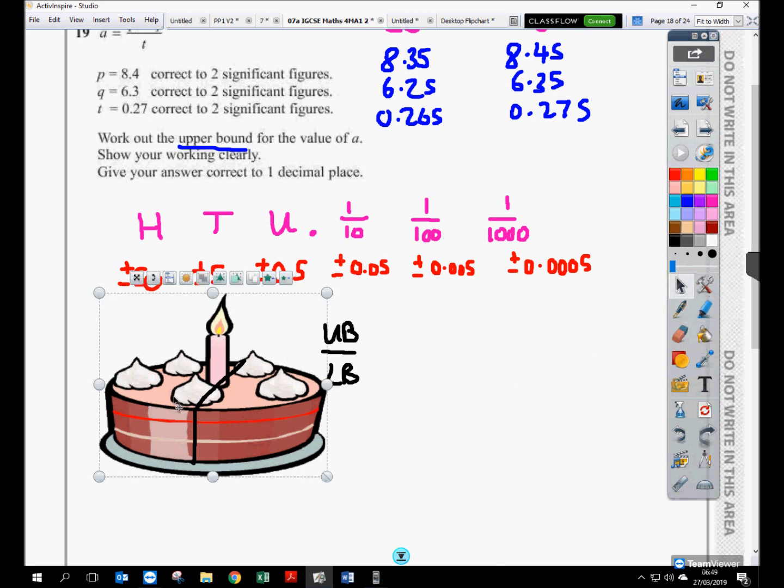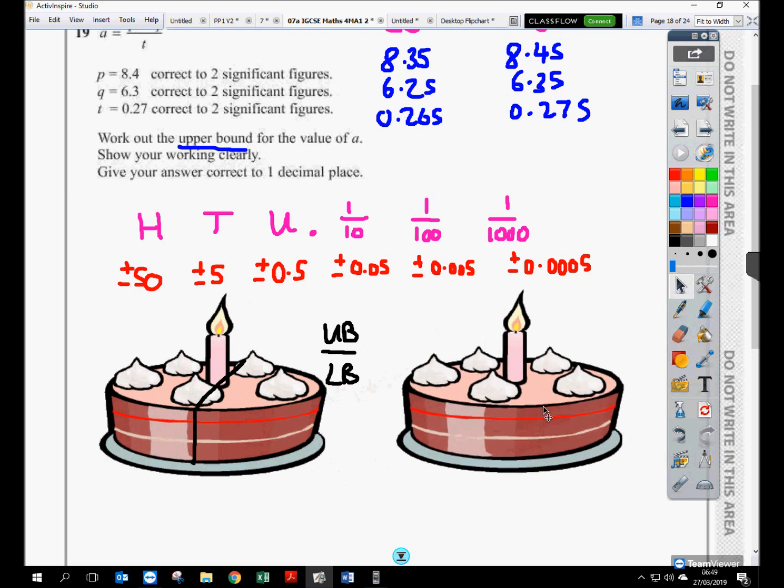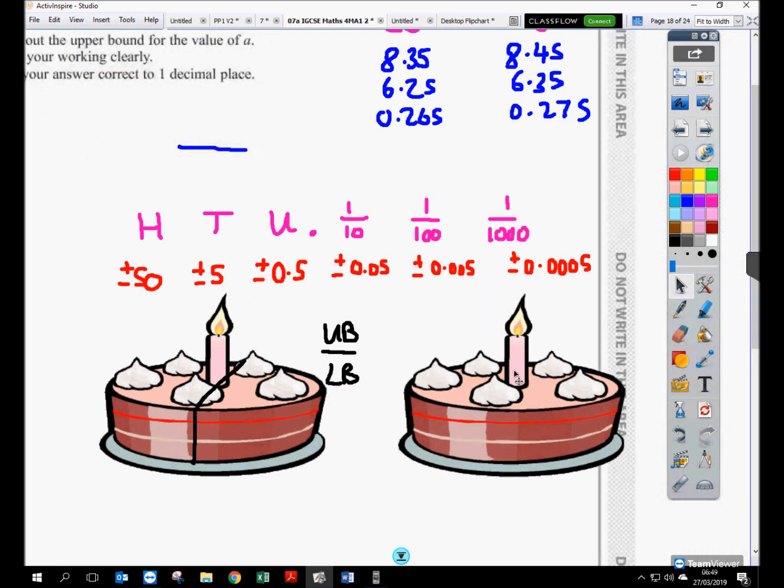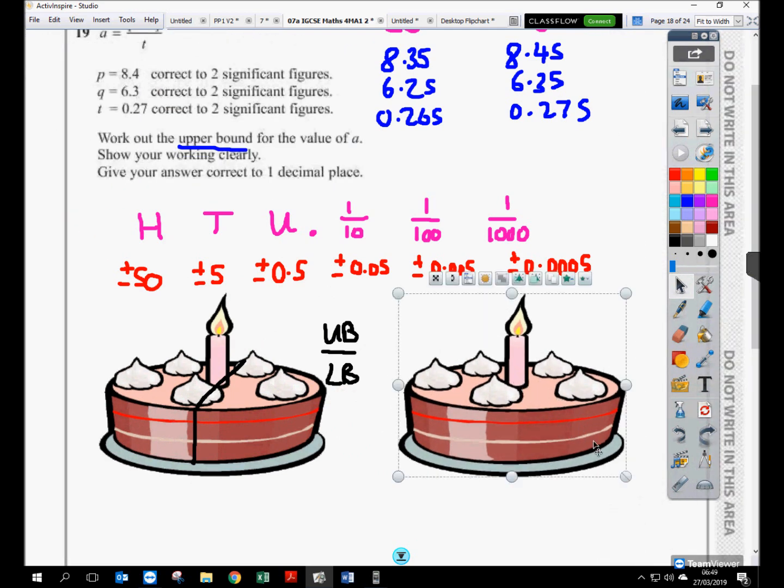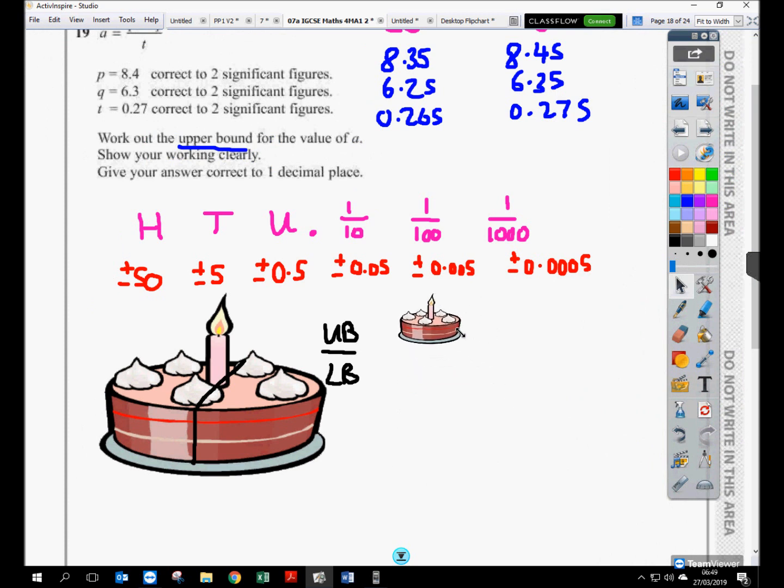Or the alternative is we can have a tiny cake, and divide it between lots of people. Everyone's going to get very little. So we can see this now as a visual representation.